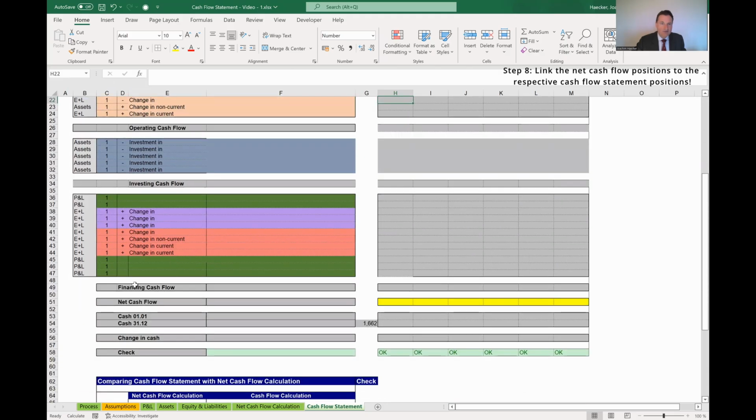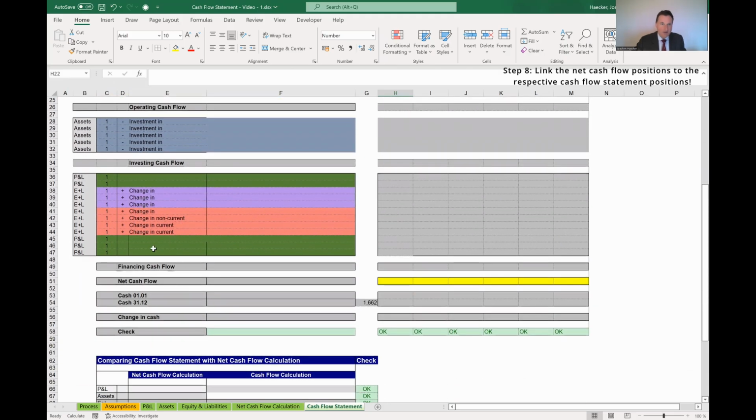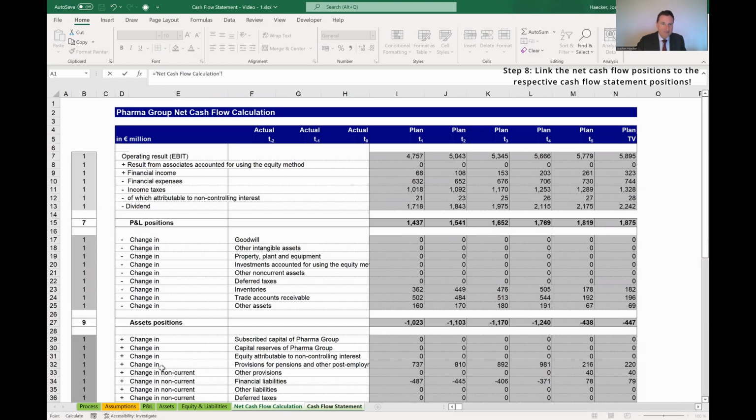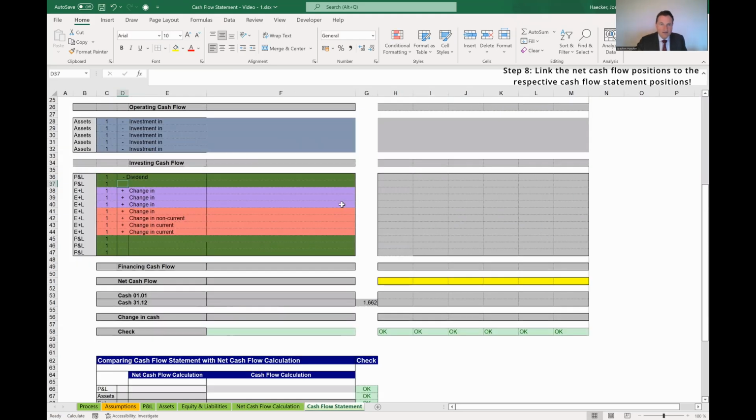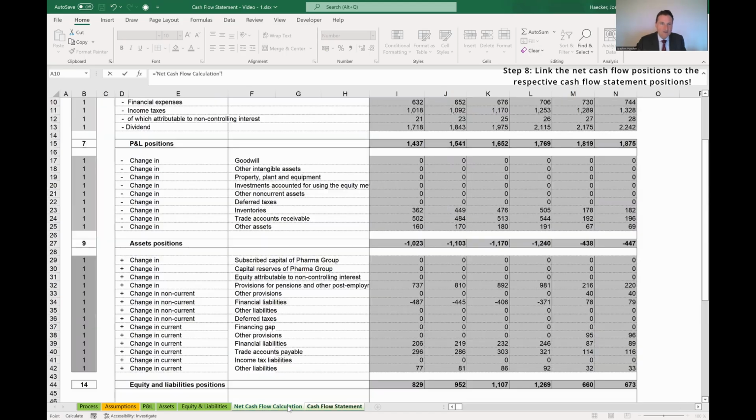Now we come to the financing cash flow. In the financing cash flow, we are having the dividend that needs to be paid. Here, dividend. The dividend in the first planned year equals 1,718.